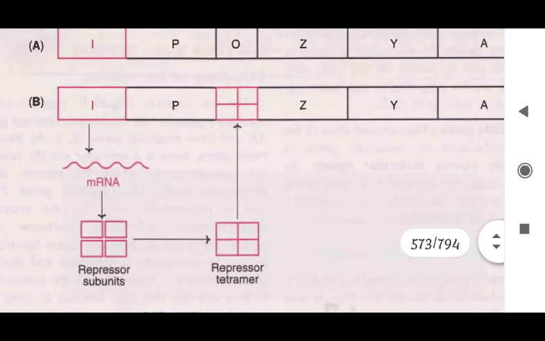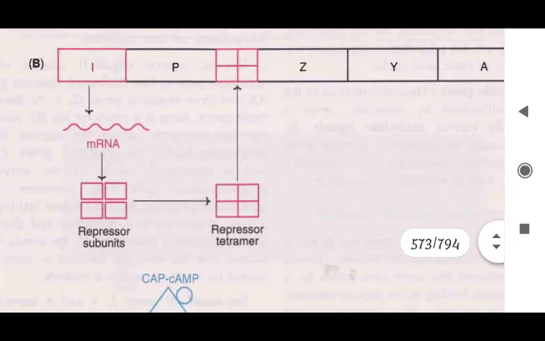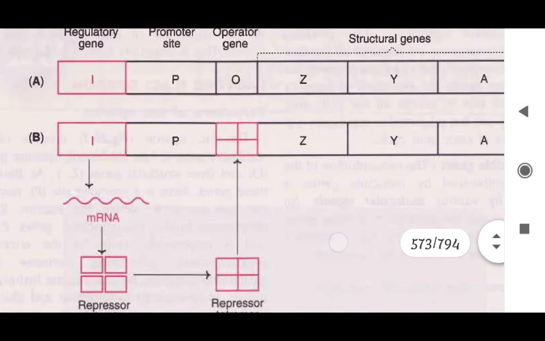The I here refers to the regulatory gene located upstream. With the help of transcription, it forms mRNA, and with translation, it forms that protein, the repressor protein. The repressor is a tetramer made up of 4 polypeptide chains, and this repressor will then ultimately bind to the operator to turn off the lac operon.